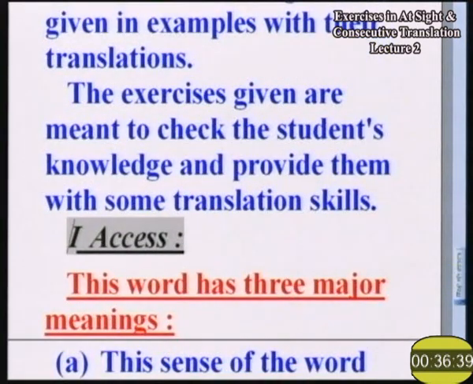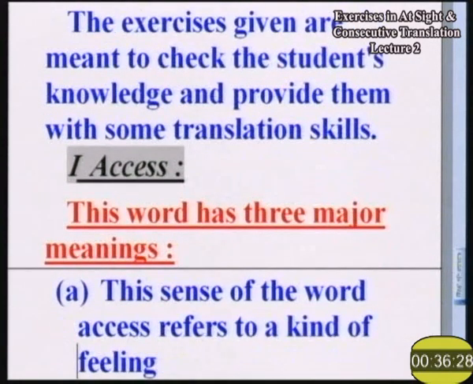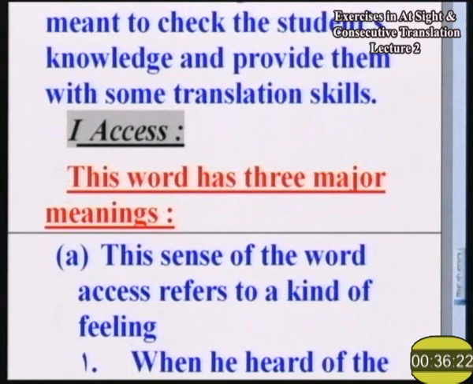Now as far as the first word, which is access, this word has three major meanings. The first one refers to a kind of feeling.